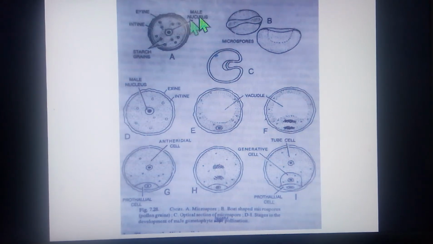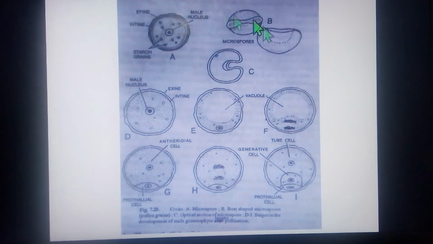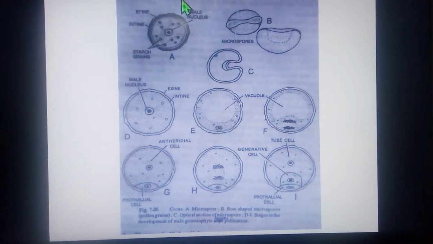Now the development of the male gametophyte partly occurs inside the microsporangium and partly inside the ovule. So first we will take a look at the development inside the microsporangium, that is, before pollination occurs.